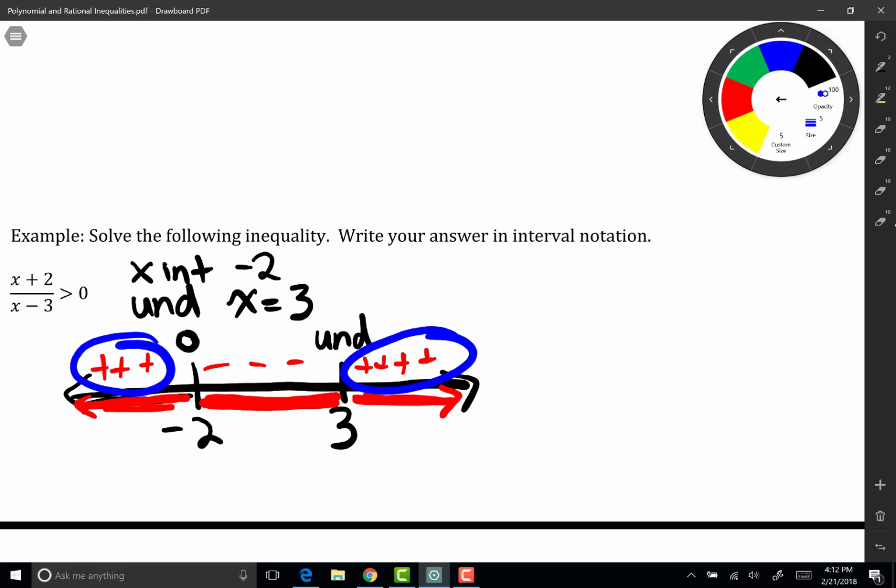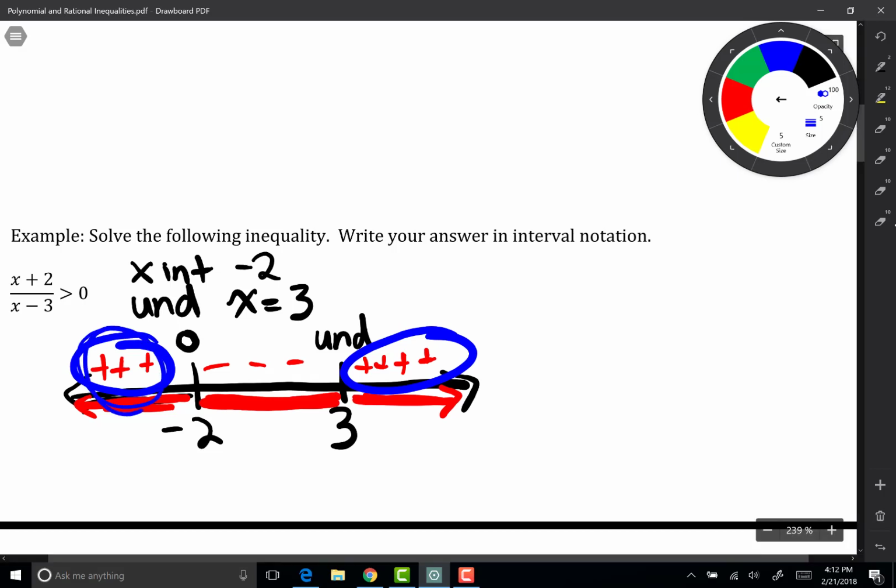So I'm going to choose this interval here, which would be from -infinity up to -2, not including my x-intercept because it's not including 0. Union, and then this interval here, since this is undefined at 3, I definitely don't want to include that. There's no value there. So I want to make sure I use parentheses with that one. So 3 to infinity.